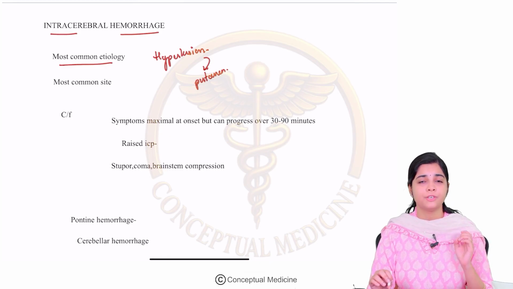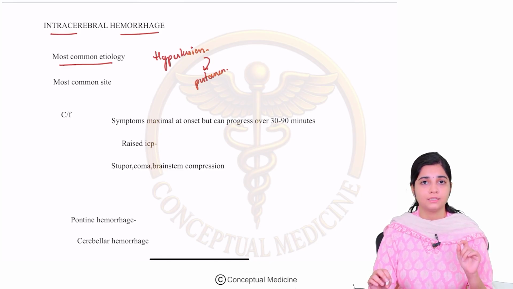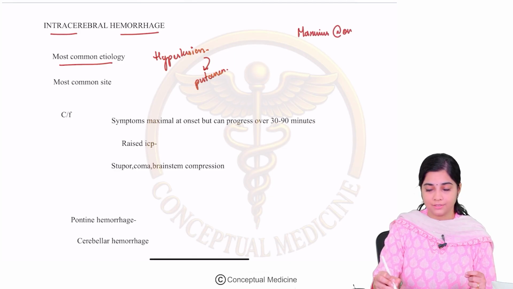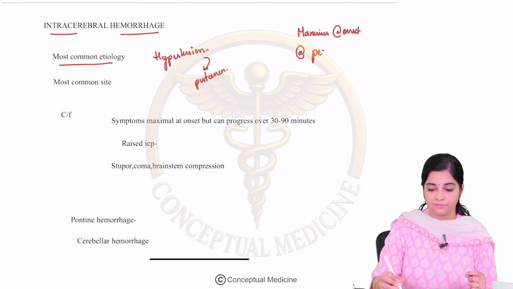So what are the features of hemorrhagic stroke? We had learnt in our basic approach to stroke. The deficits are maximum at onset, and it usually occurs at the peak of activity.